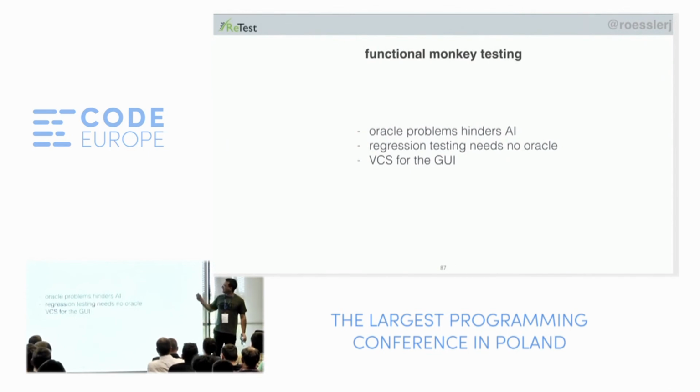So now you have functional monkey testing, and the battery is empty. I need to hurry up. So Oracle problems hinder AI, and regression testing essentially needs no Oracle. Sorry, can you put that in?